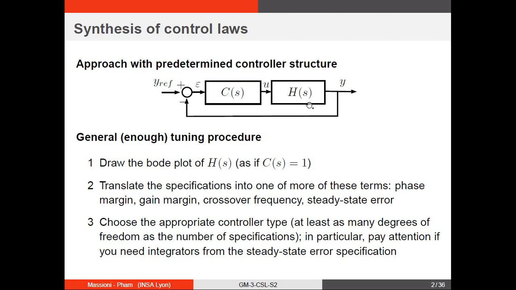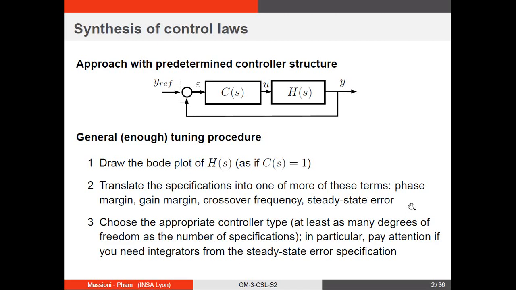If C is 1, the Bode plot of H is the Bode plot of the loop transfer function. Then the second step is to have all the specifications written in terms of something that you can see in the Bode diagram of the loop transfer function, typically phase margin, gain margin, crossover frequency, steady state error. All of them can be seen somehow in the loop transfer function Bode diagram.